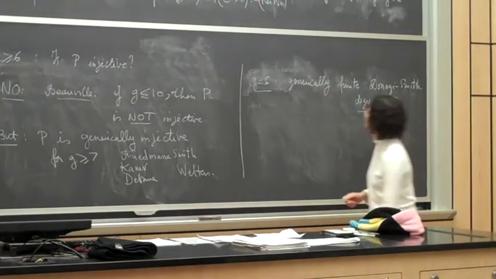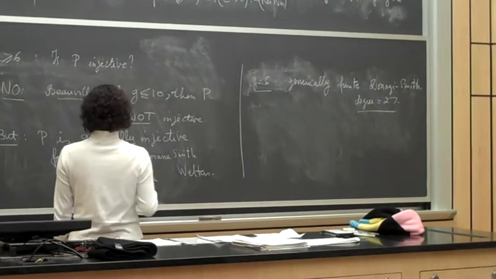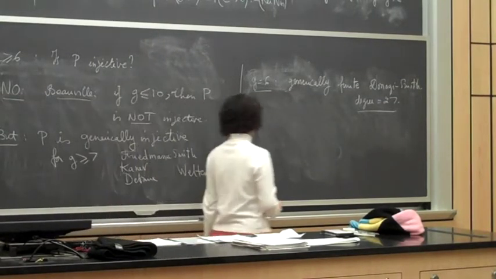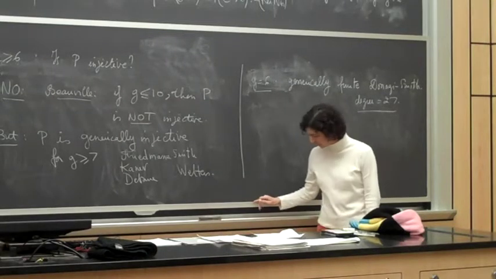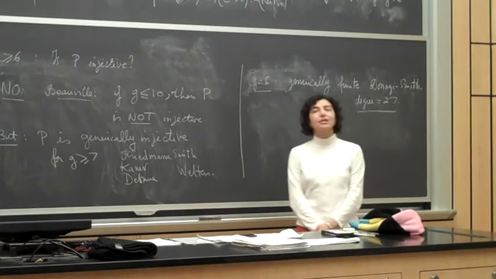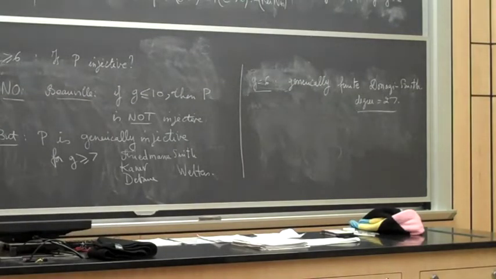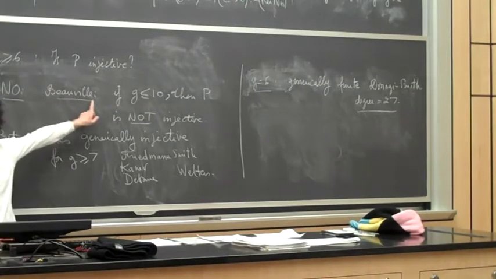Okay, so now there's the question. If you have a question, yes is a very nice answer. You know exactly what it means. But no is a very complicated answer. Because you're saying, okay, this is a yes to generic injectivity, but it's a no for injectivity.